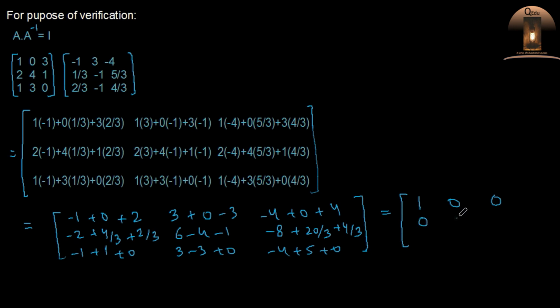And similarly the remaining elements will be 1, 0, and 0, 0, 1. So there we see that the product is equal to the identity matrix I of the same order. So hence the inverse is correct.